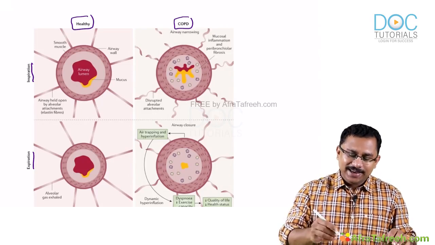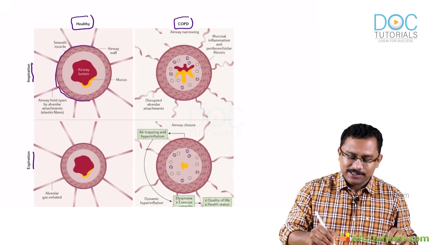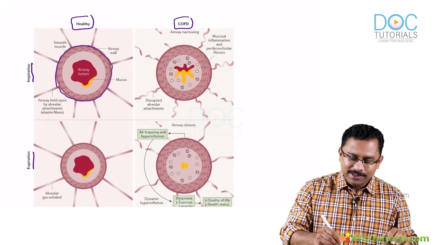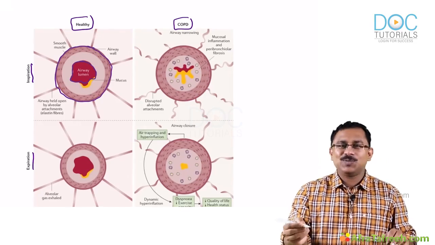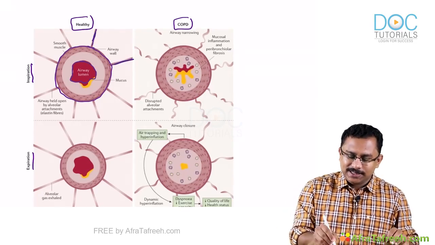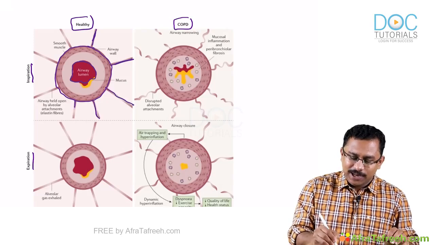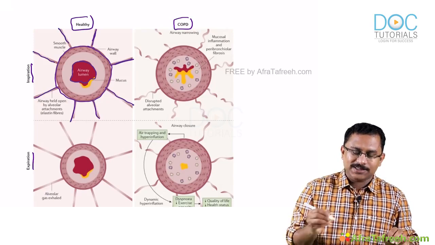Now you can see here, this is the alveoli, and this is the lumen, correct? And you can see the smooth muscles in the lumen as well. And what you are seeing are the alveolar septa, or the alveolar attachments.